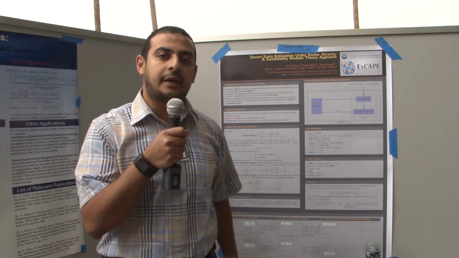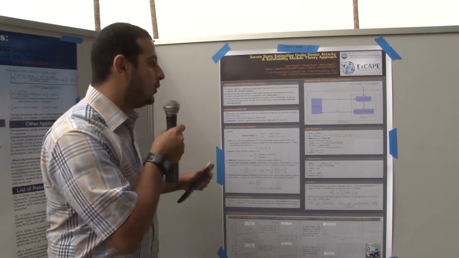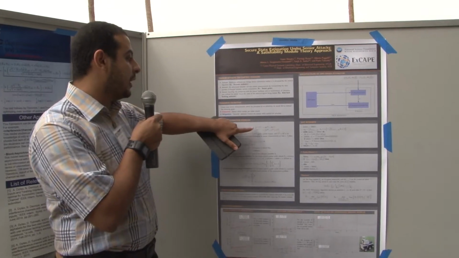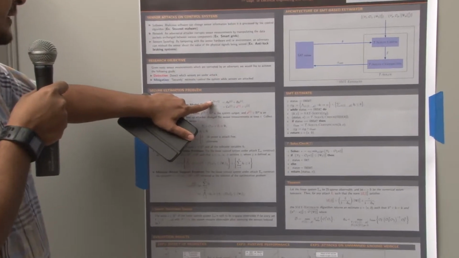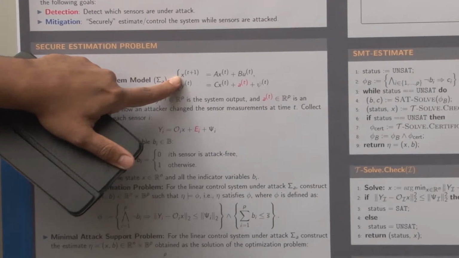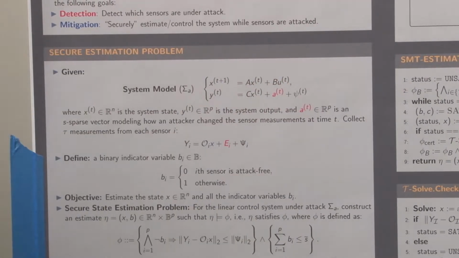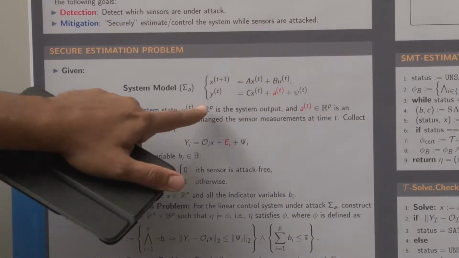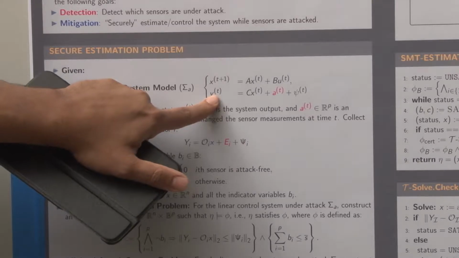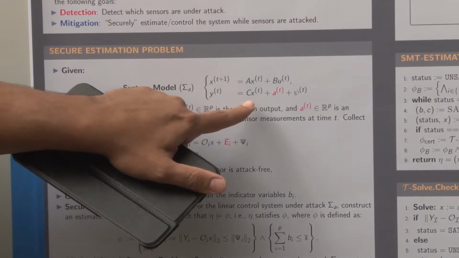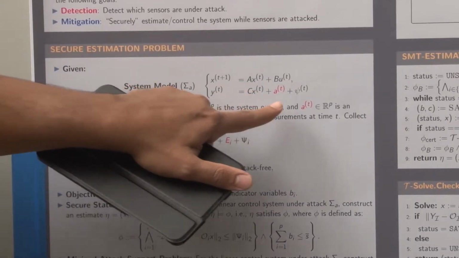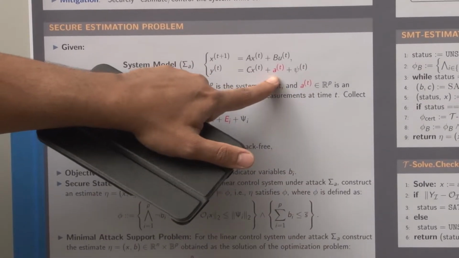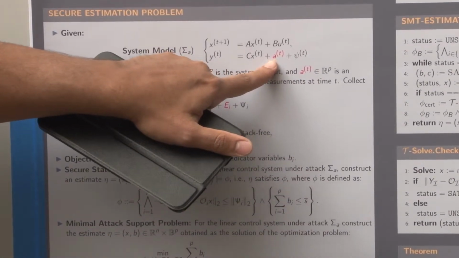So the problem setup: you have a dynamical system. You can model it here as a linear dynamical system. You have states, for example, the speed and the position of your car, evolving through this dynamics. And now you have your outputs, like the ABS sensor or whatever is measuring some of the states, and you have some noise, and then someone comes and attacks your sensors.